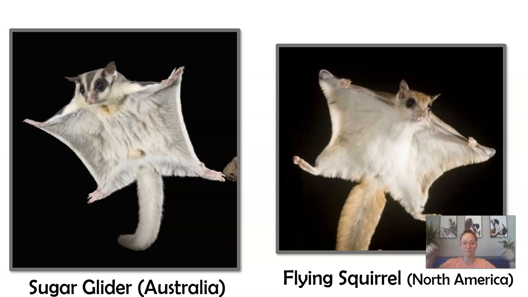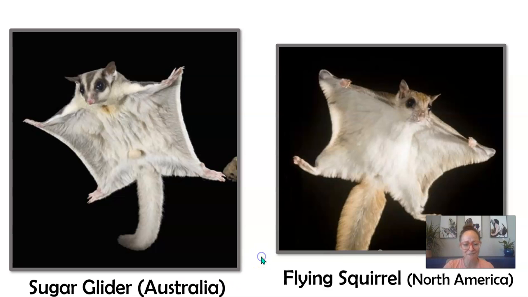Because of similar selective pressures, they have favored these traits in these organisms. And so now they have evolved to look very similar, even though it's not due to a shared ancestral line. So convergent evolution is when two species who are distantly related or not related at all have evolved to look similar due to similar selective pressures.